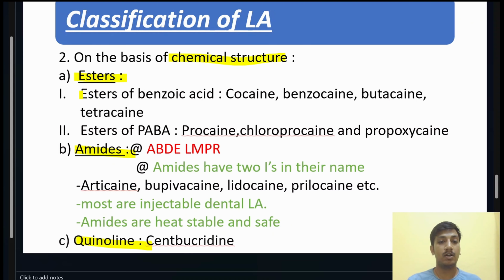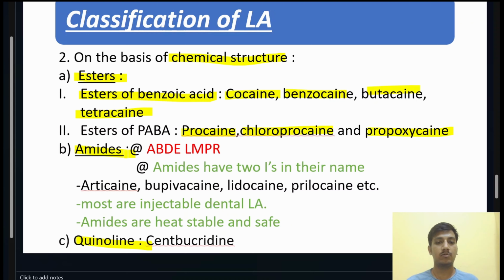Esters of benzoic acid: cocaine, benzocaine, butacaine, and lastly tetracaine. These are all benzoic acid derivatives of esters. The derivatives of PABA, that is para-aminobenzoic acid, are procaine, chloroprocaine, and propoxycaine.